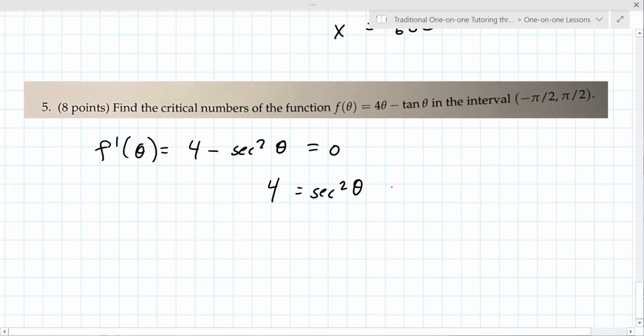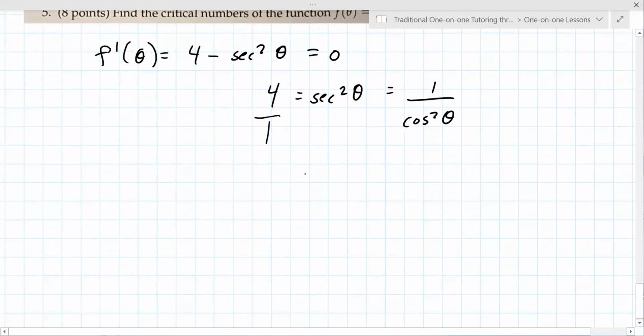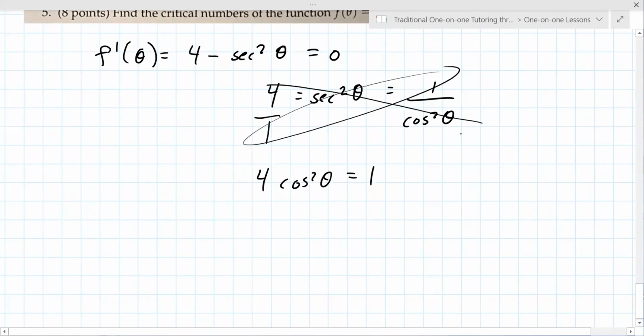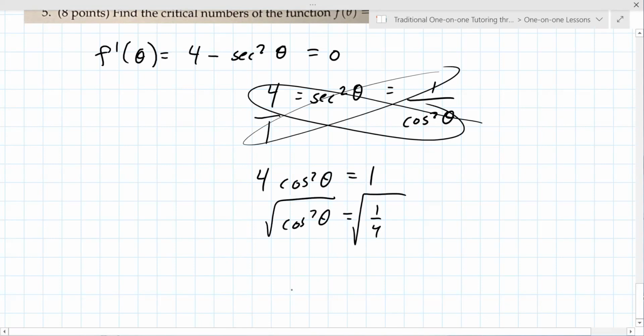It helps here to write secant squared as 1 over cosine squared theta. Then 4 cosine squared theta equals 1 because you're diagonally multiplying, and cosine squared theta equals 1/4. You take a square root of both sides, so cosine theta equals plus or minus 1/2.